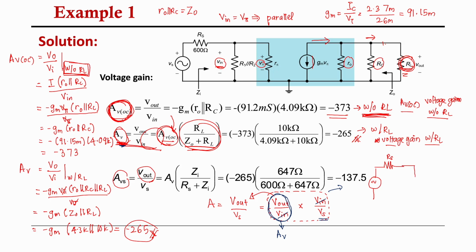We have Z in, right? We have V in. Across here we have V in. So this is our circuit.